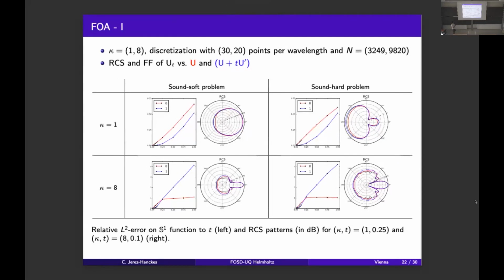So let's look at two wave numbers, kappa equals 1 and kappa equals 8, with 20 points per wavelength. That gives basically meshes of 3,000 and 9,000 elements on the surface. Remember, we're doing a boundary integral problem. This here is the radar cross section of u_T solved on the actual perturbed mesh.